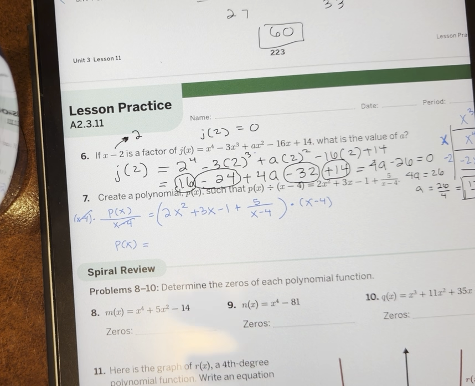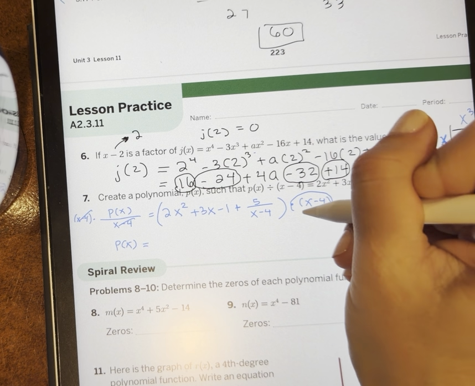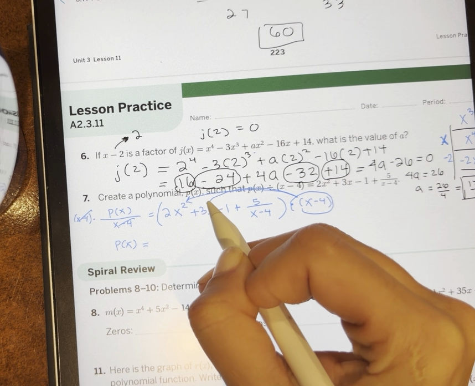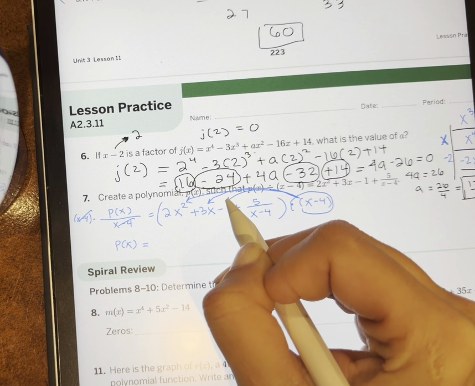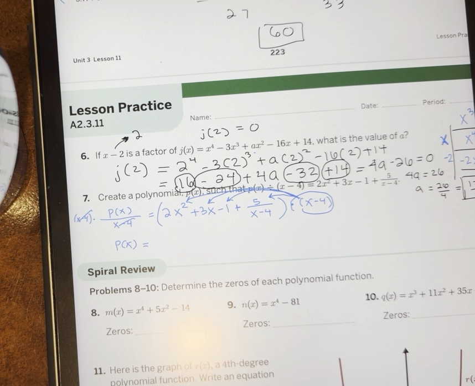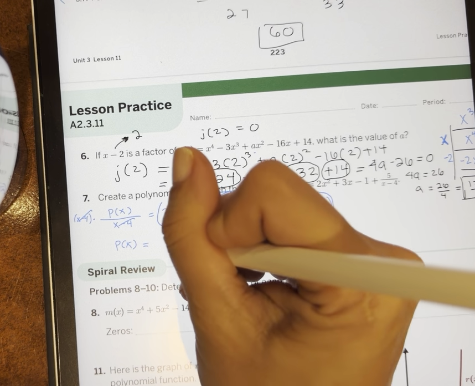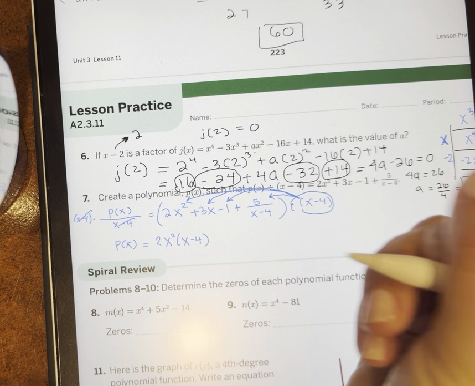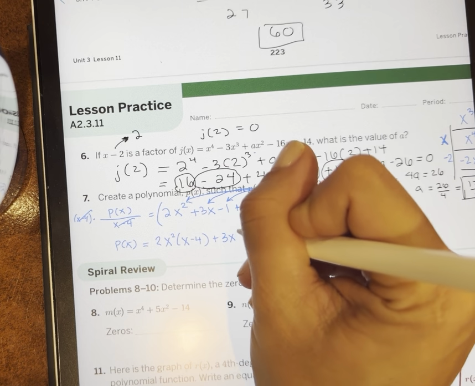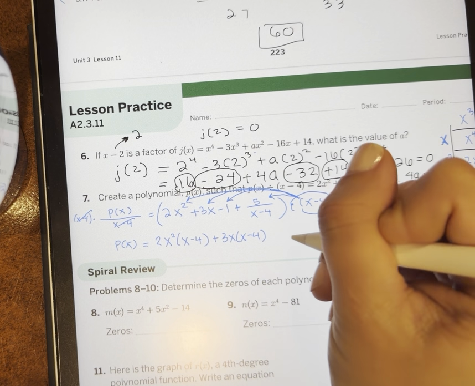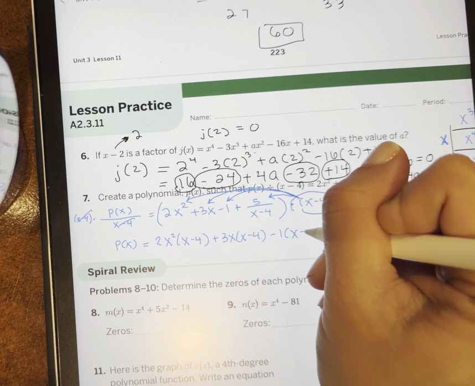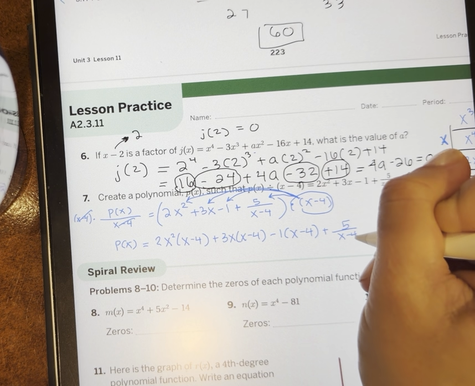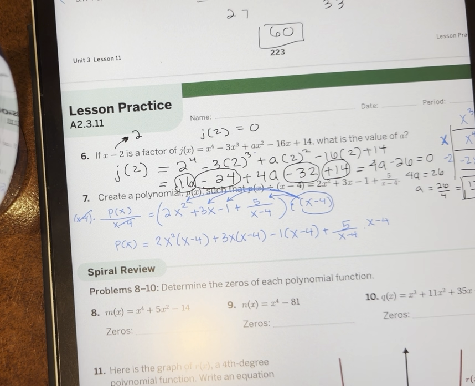So then all I gotta do is take this x minus 4 and distribute it into each of these terms. Meaning, I need 2x squared times x minus 4. And I need 3x times x minus 4. And I need 1 times x minus 4. And I need 5 over x minus 4 times x minus 4.